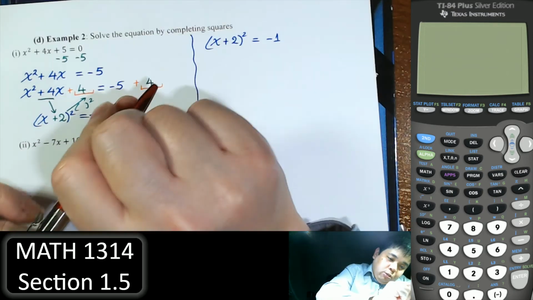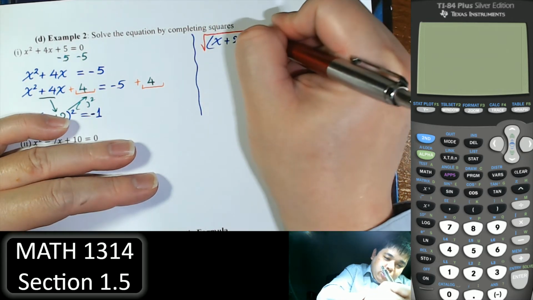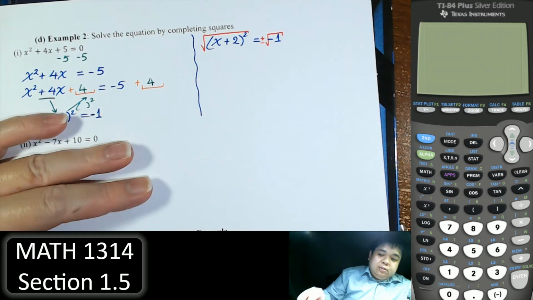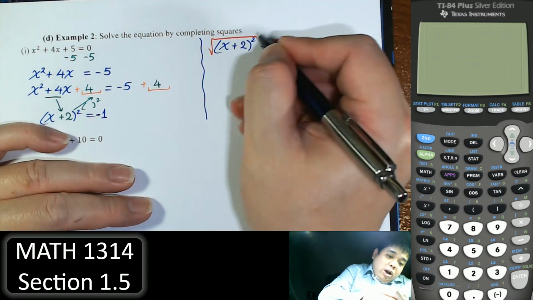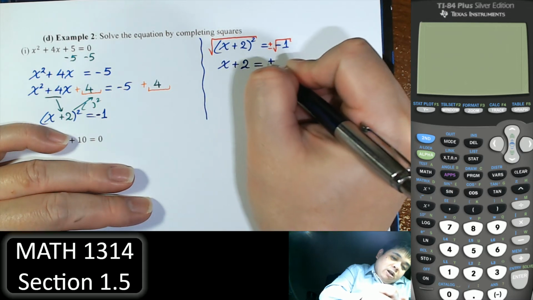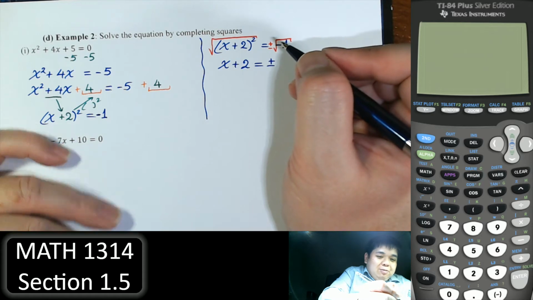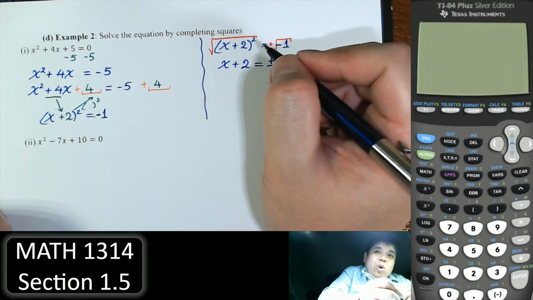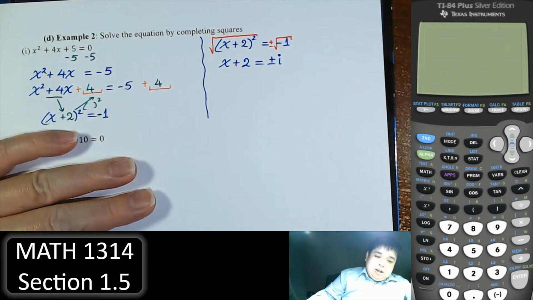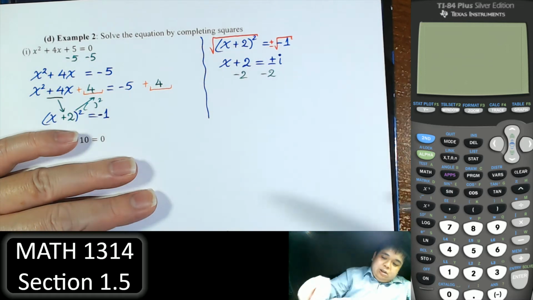Take the square root on both sides, and the most important rule here is that when we do that, there's a plus or minus. The square will cancel the square root here, but there will be a plus or minus on the other side. And the square root of negative 1, remember the first thing we learned in this section, is i. So that's just i. And then finally, to get x by itself, just subtract 2.